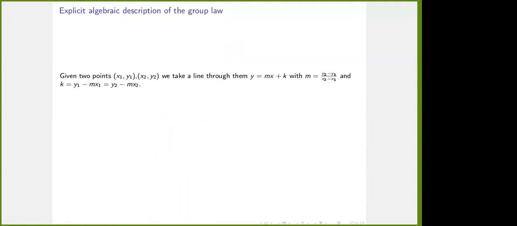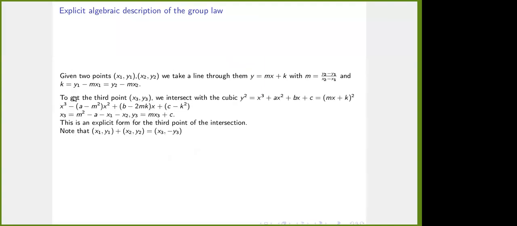But the good thing is that we have an explicit description of the group law. Given two points, (x1, y1) and (x2, y2), we take a line through them, y equal to mx plus k, with this slope, and the constant is determined by these two points.